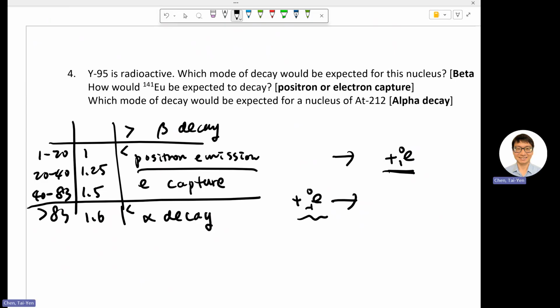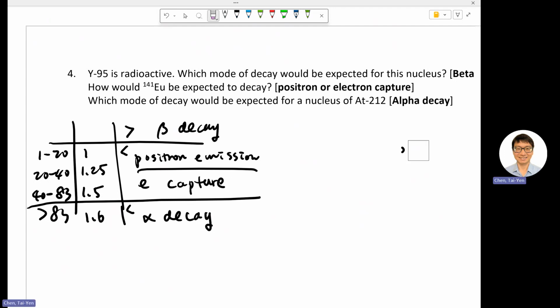Charge-wise, one is -1 on your reactant side, one is +1 on your product side. So these two are equivalent and indistinguishable. Therefore, pick one or the other. That's it.